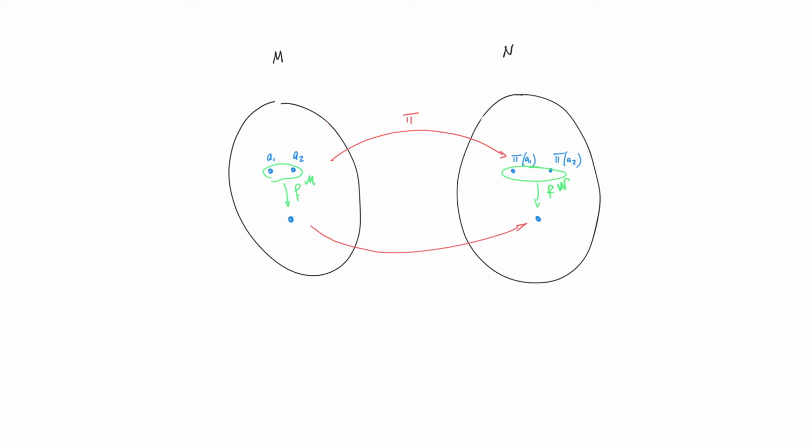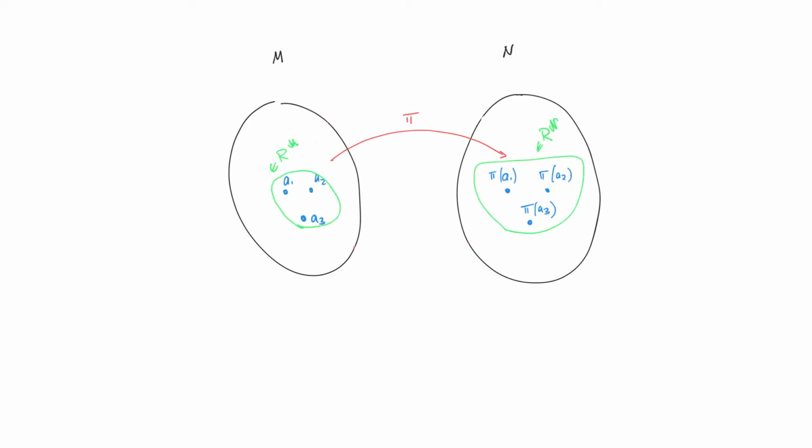So the condition for an isomorphism is just that it doesn't matter whether I first map those two elements, a1 and a2, over to π(a1) and π(a2) and then map them using the interpretation of f on the N side, or whether I first map them on the M side using the interpretation of f in M, and then use π to map them over here. In both cases, I land on the same result, I get this element here.